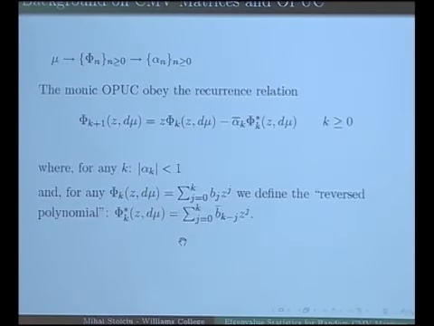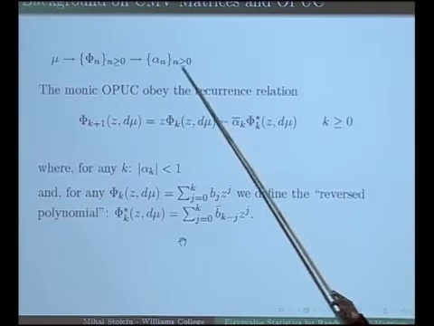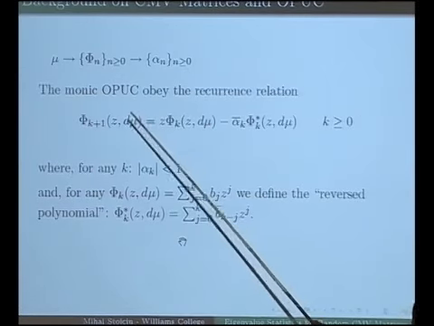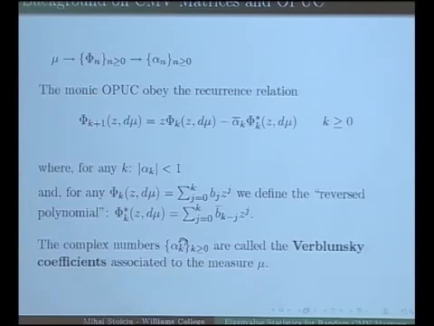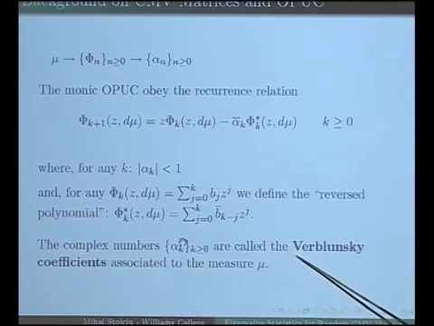So you know phi k, you construct phi k star, and with the help of only one number, you get the next polynomial. This recurrence relation tells you how to construct the next polynomial: if you have phi n and alpha n, you get phi n plus 1.